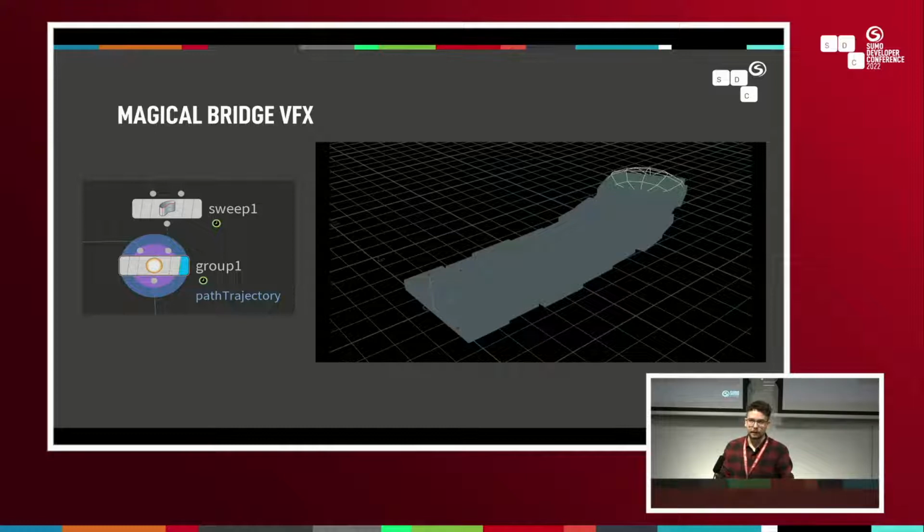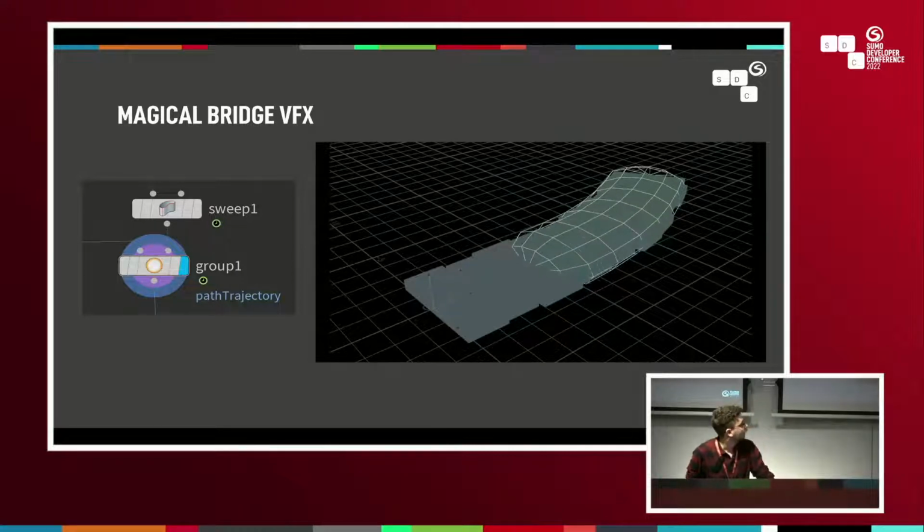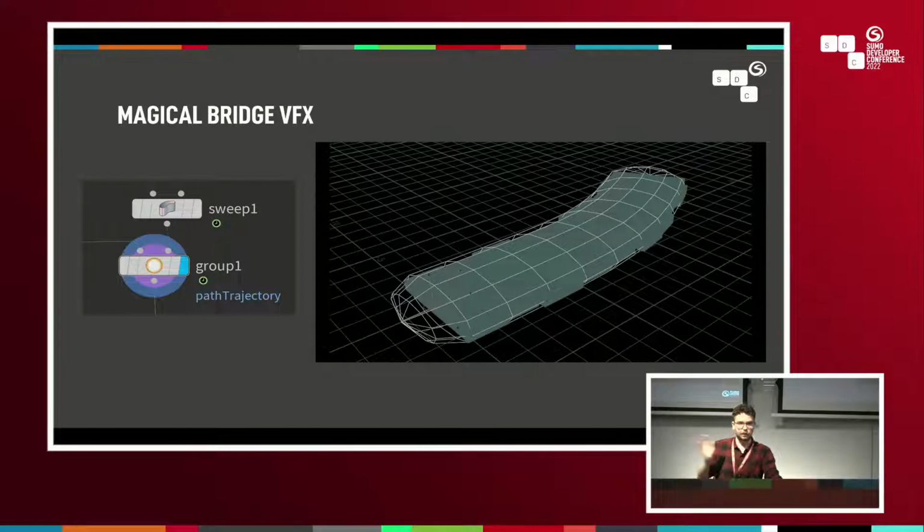Well, how did I base that on the spline? I thought of, well, since it's a bridge constructing, I thought of destroying it and reversing the animation based on where the player is. So first I make this destruction animation, and I don't want all of the blocks to just immediately start simulating by gravity.